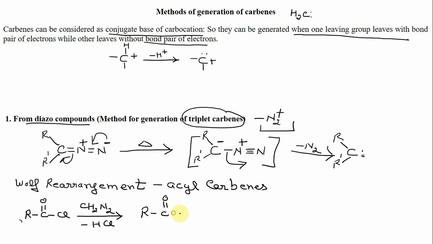So this gives CH double bond N positive double bond N negative. Now when this diazo compound is heated, it loses a nitrogen molecule by the same mechanism as discussed here. It loses a nitrogen molecule to give an acyl carbene.